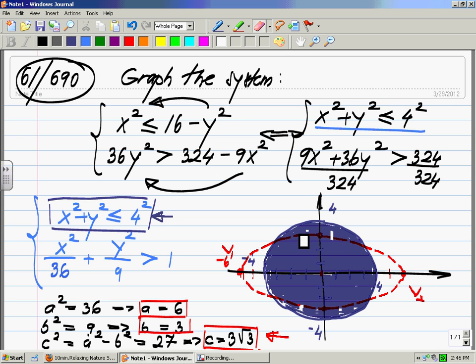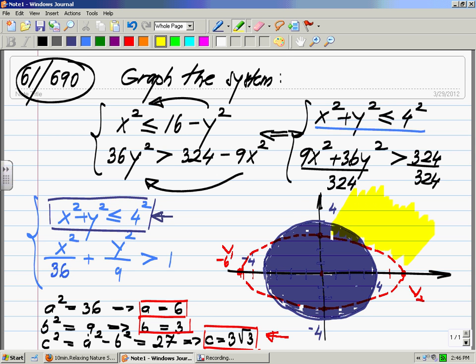So everything that is greater than this ellipse, right? Which means I'm going outside, and let's use yellow for that.